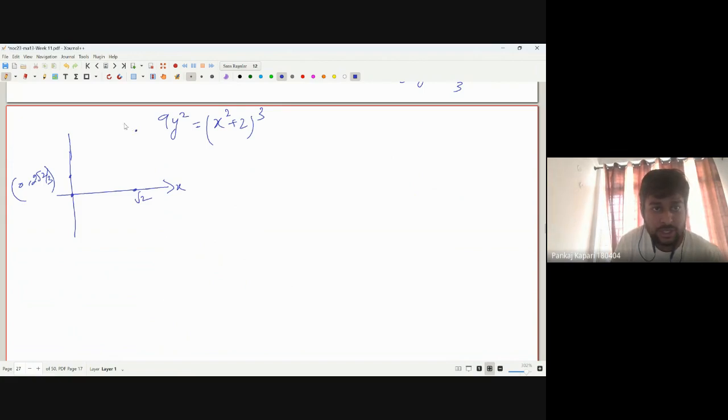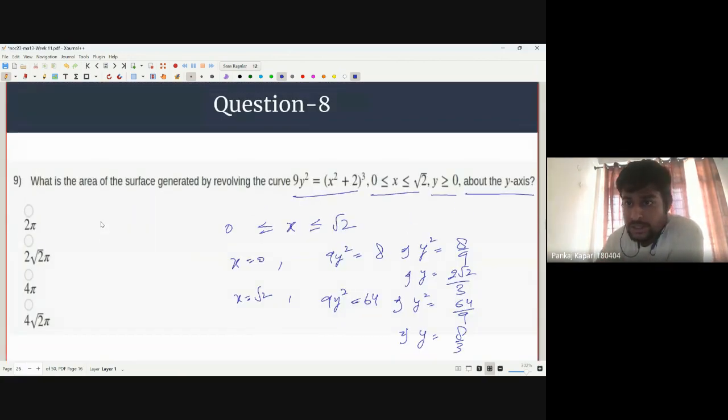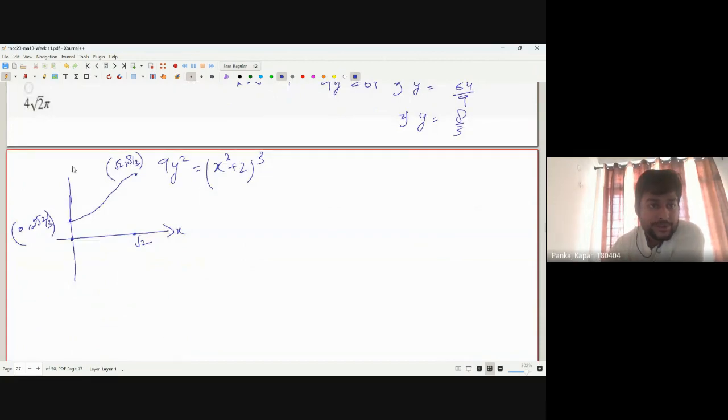So assume that this is the point, root 2 comma 8 by 3, and between them there is a curve, any curve. And we are revolving this curve about the y-axis. So if you revolve it about the y-axis, then the radius will be this distance, which is x.